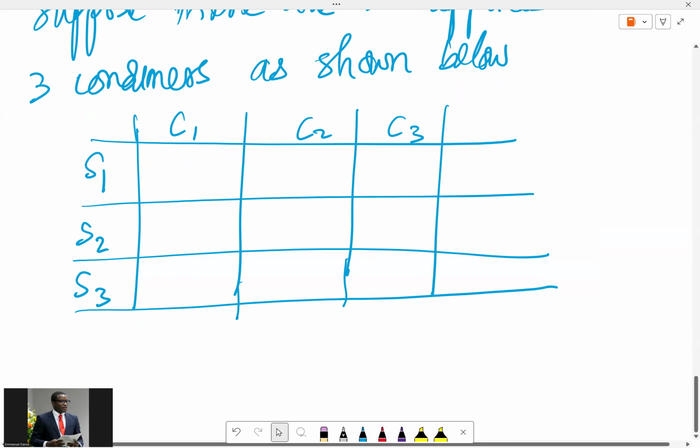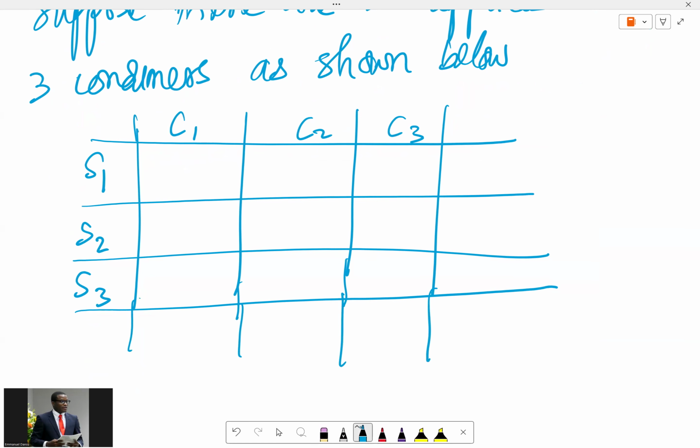I need to extend this a little bit more. Imagine that this is the demand side, and this is supply.